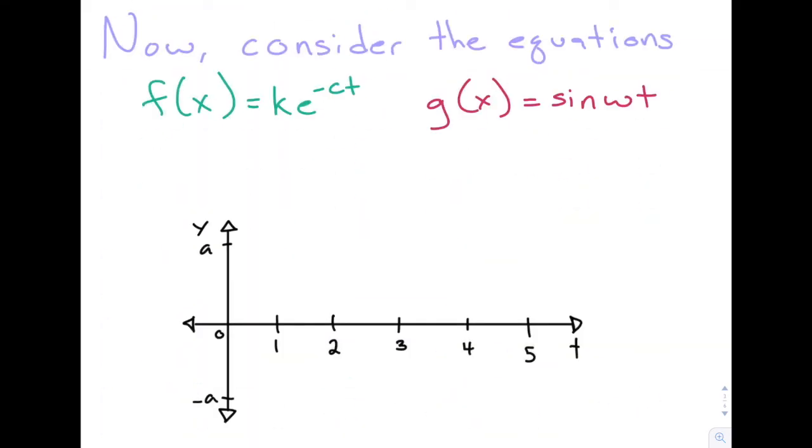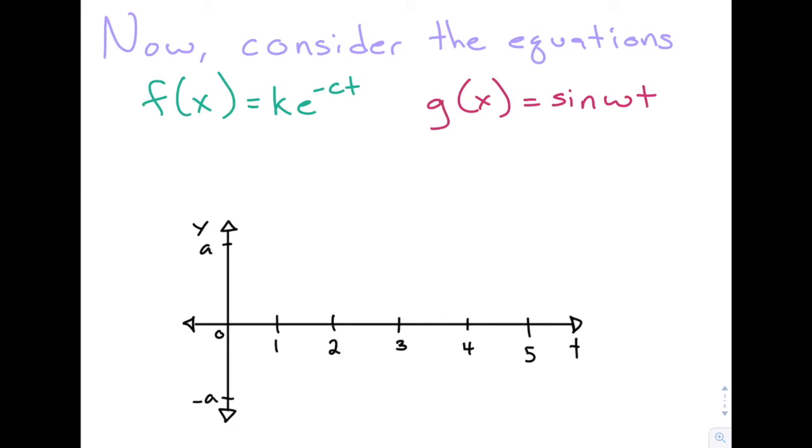Previously we considered a linear amplitude, or a linearly decaying amplitude might be a better way to phrase that. As we learned when we were exploring logarithms and natural logarithms, the world doesn't often behave linearly. So we happened upon the mathematical constant e, and the natural log.